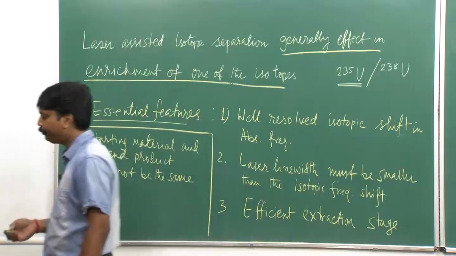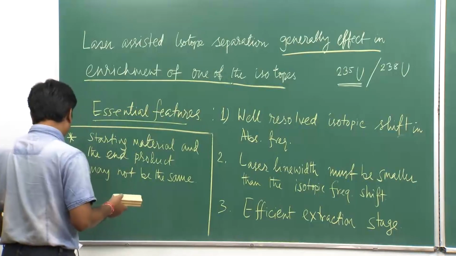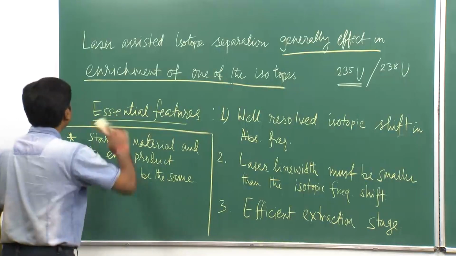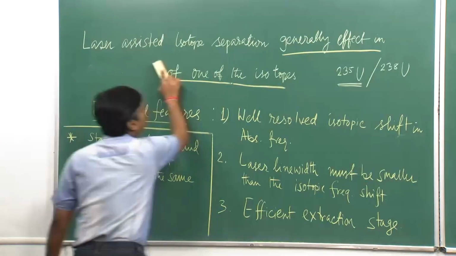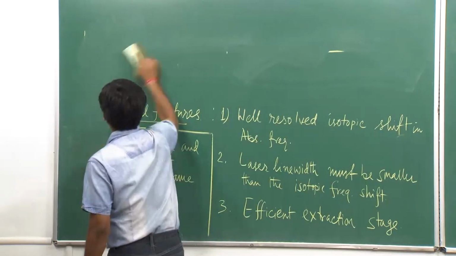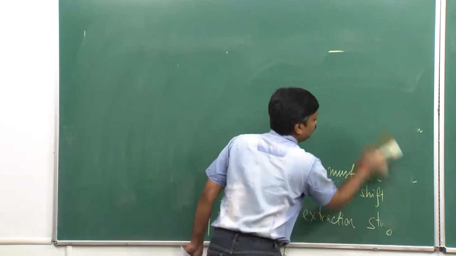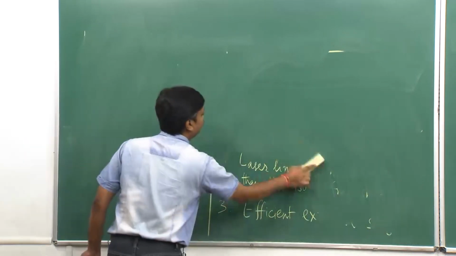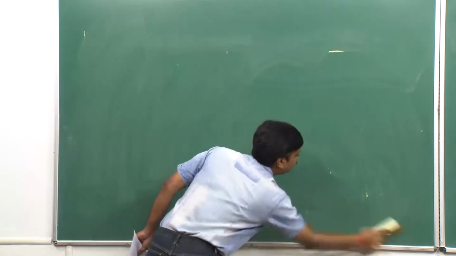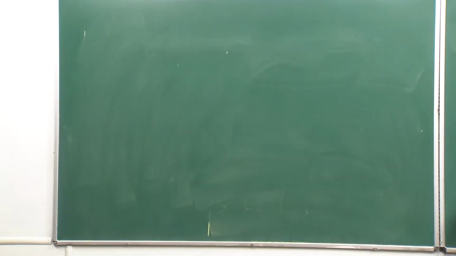Okay. All right. So now let us quickly go through the different schemes that we talked about. We talked about selective photoionization, selective dissociation, selective photochemical reaction, as well as selective photo deflection.